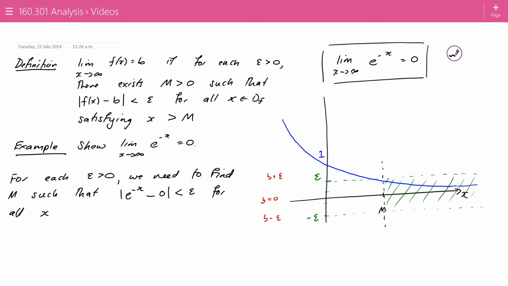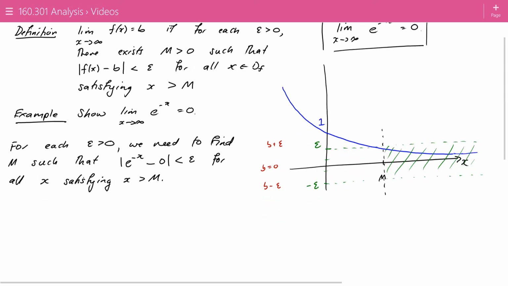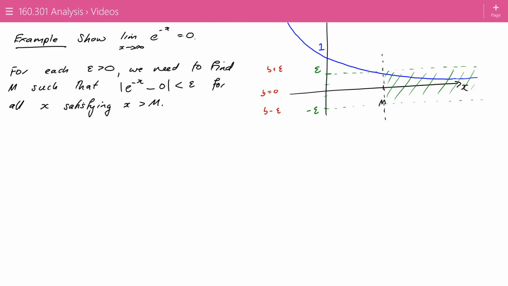Now our domain is the entire set of real numbers, so I won't worry about that, satisfying x greater than m. Okay, that's what we need to find. We need to find an m for which that is true given a particular epsilon. So let's have a go.